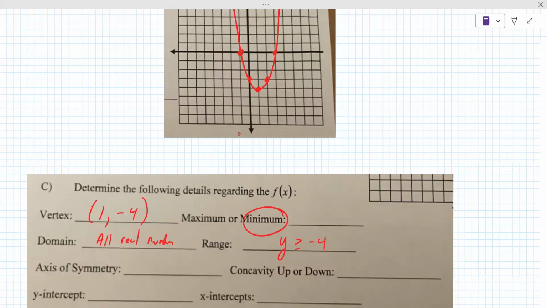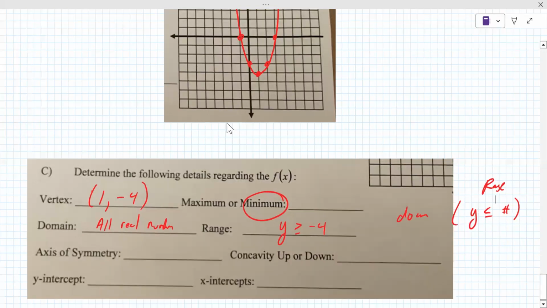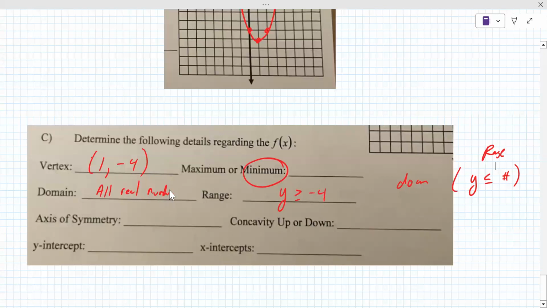If it opened down, it would be y less than or equal to some number for the range. How about the axis of symmetry? 1. X equals 1, good.